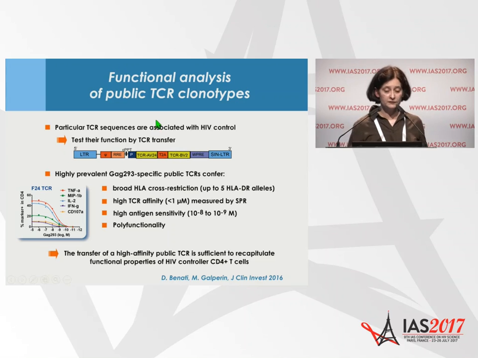But what we found was that these highly prevalent GAG293 specific public TCRs could confer broad HLA cross-restriction, meaning that a single one of these TCRs could recognize the GAG293 peptide in the context of multiple HLA-DR alleles, up to 5 DR alleles. And this could explain why they could be shared by HIV controllers of diverse genetic backgrounds.